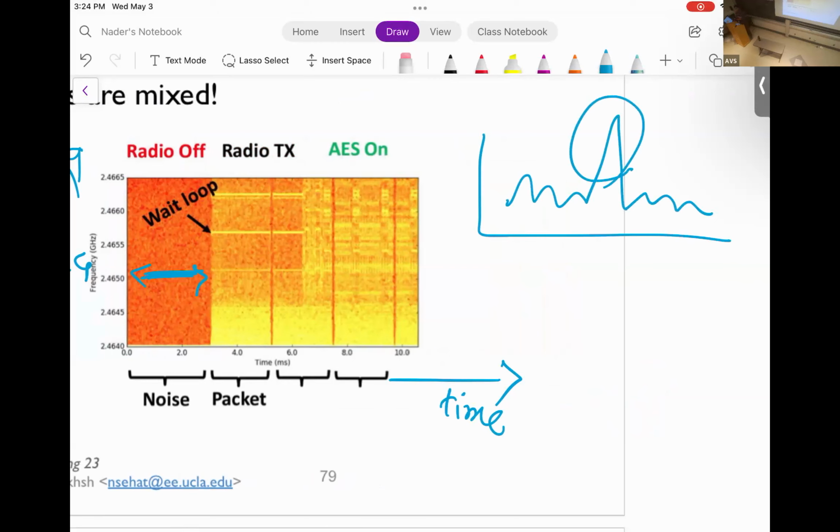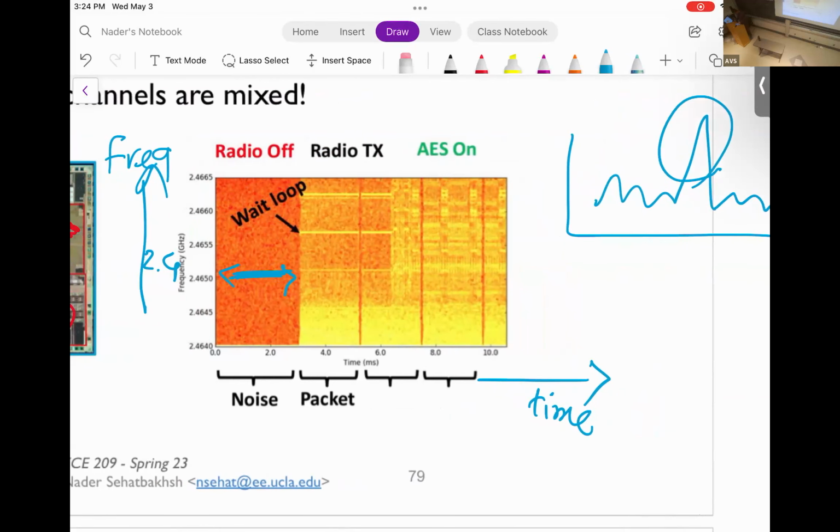I'm showing a 2D signal. Once the radio gets turned on, you start seeing lines, which are spikes in the frequency domain, which you should see because you're running some applications.